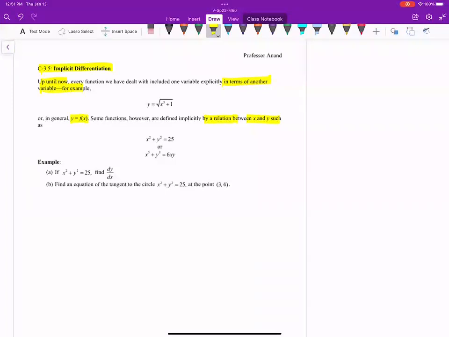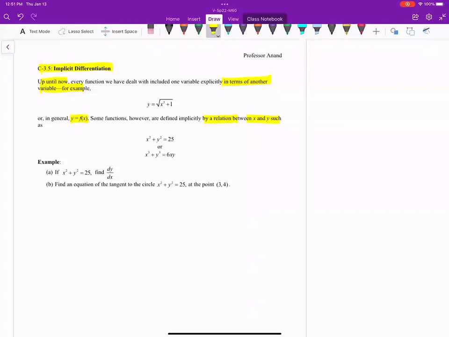So both x and y are on one side. If both x and y are on one side, sometimes it is possible to solve for y, isolate the y, and write that y in terms of x. That's one way we can differentiate and make it look like an explicit function.